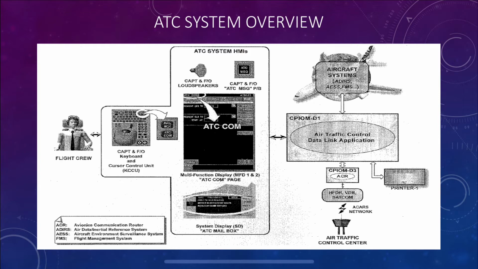This is all going to the CPIOM D1 air traffic control data link application, and from that D1 going to the D3 ACR, which is avionic communication router, and then CPIOM D1 will go to the printer 1, and then CPIOM D3 will go into the HFDR, VDR or SATCOM. And then we have here air traffic control center.